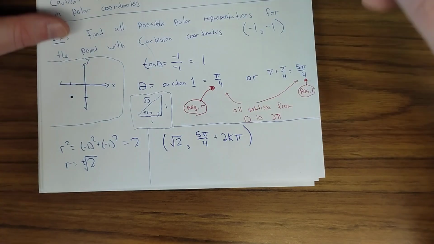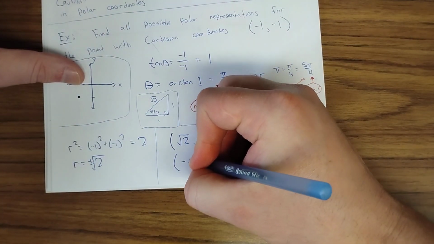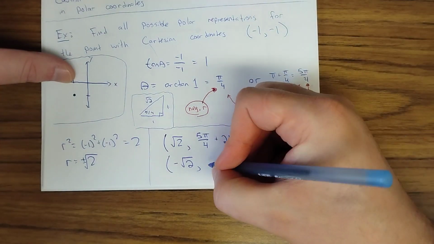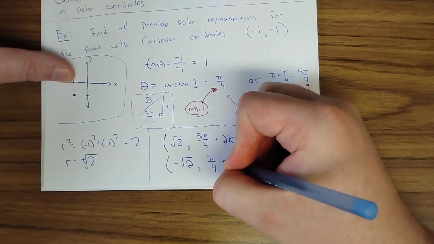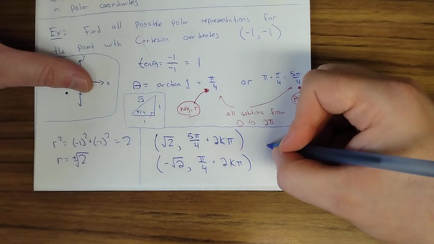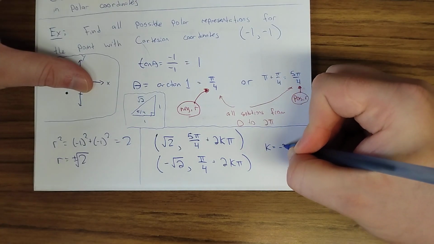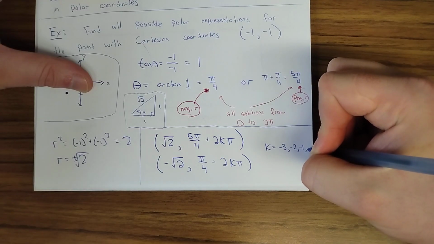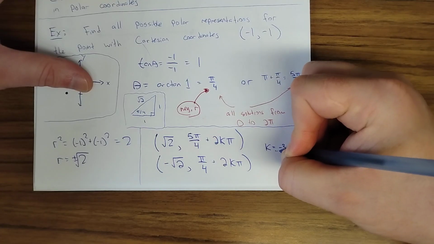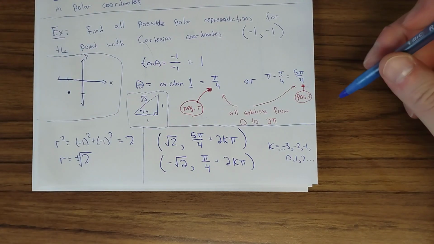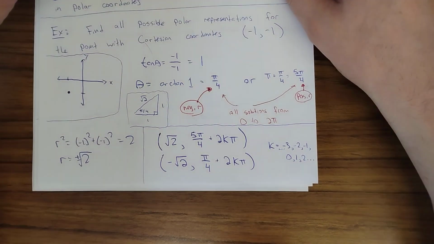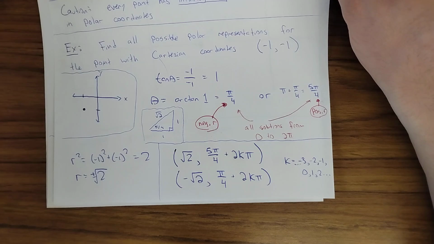The other possibility is minus root 2, and the value of theta that goes with a negative r, of course, plus any multiple of 2 pi. Maybe I didn't need to clarify that so much, but k could be any integer here. It's any integer multiple of 2 pi. And that's all possible representations. All right.